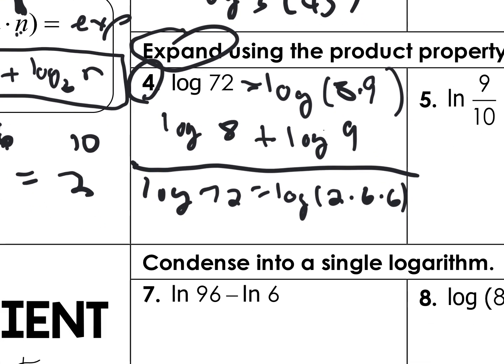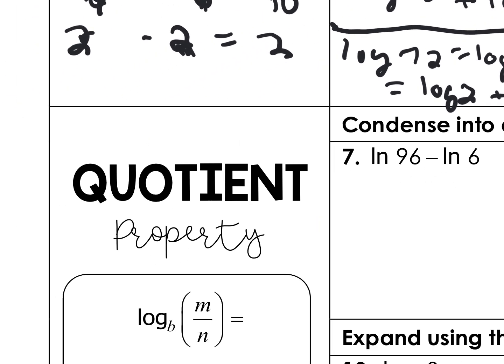Is it? Don't believe me. I make mistakes all the time. Is that 72? Yes. All right. So I could also expand it to more. I could do log base 10 of 2 plus log base 10 of 6 plus log base 10 of 6. Isn't that cool? No? Okay. At least you're honest. All right, next one.